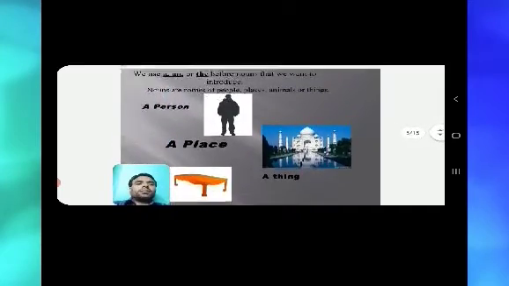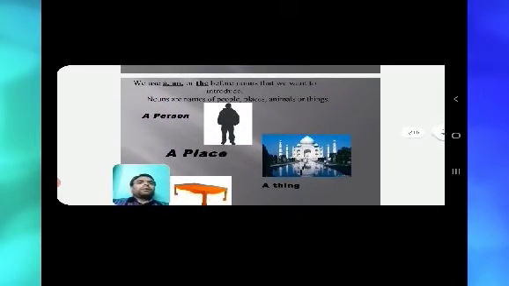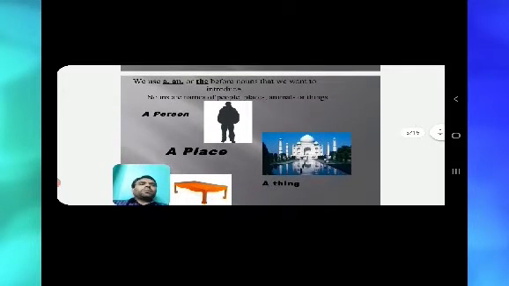Now see here, we use a, an, and the before nouns. You remember that? Every time we use a, an, and the before the nouns that we want to introduce. Whenever we are introducing a noun, we have to use these articles. Nouns are the names of people, places, animals, or things.